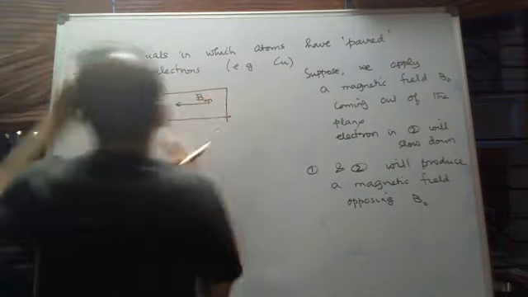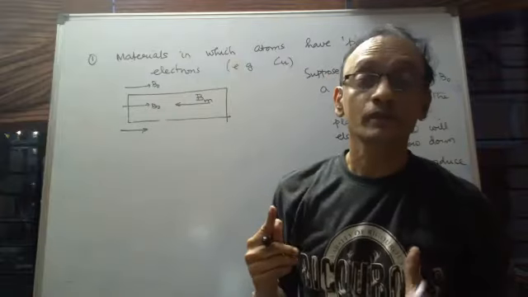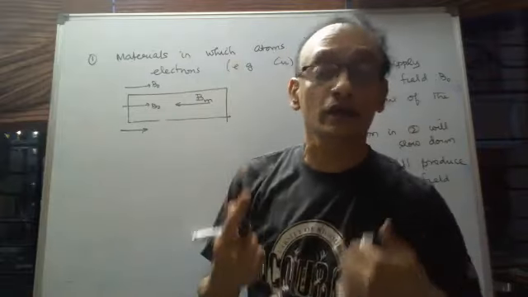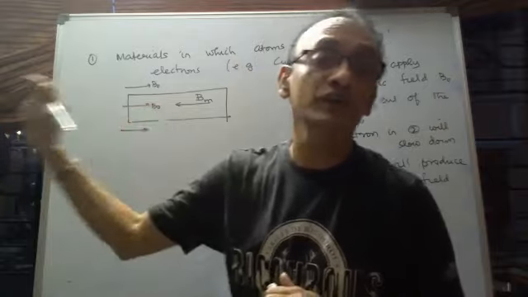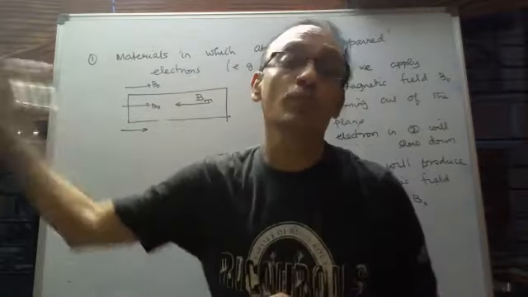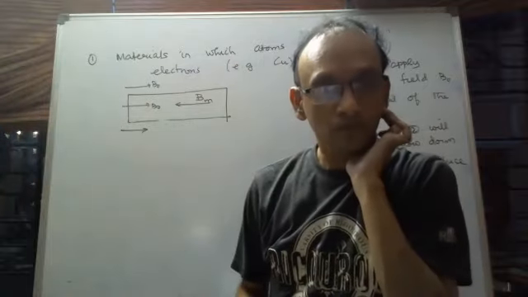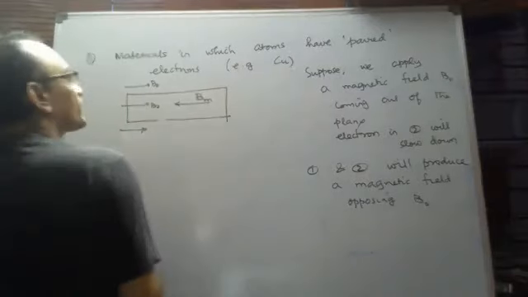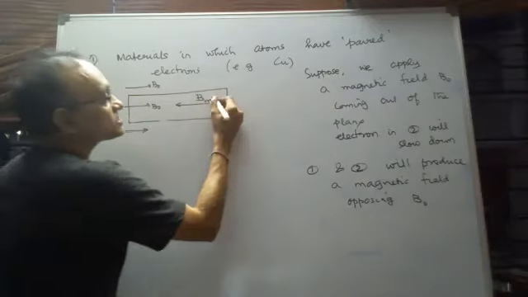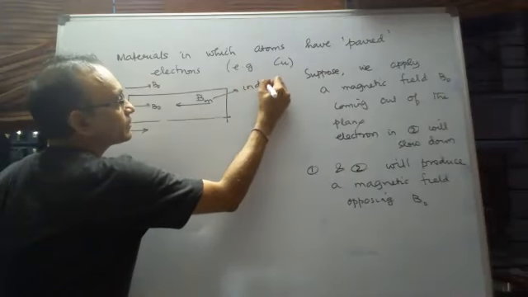Because one electron sped up and one slowed down, the net induced field would be opposing B naught. This is the induced magnetic field.